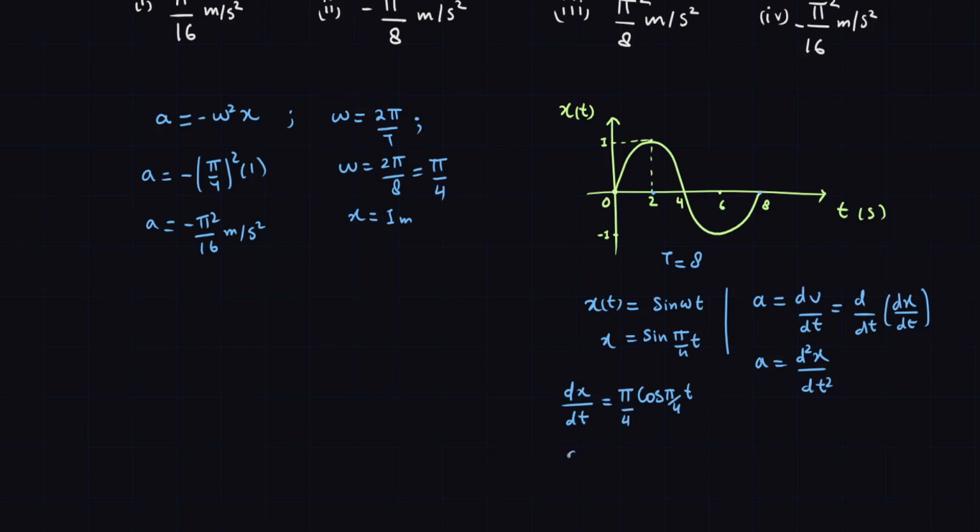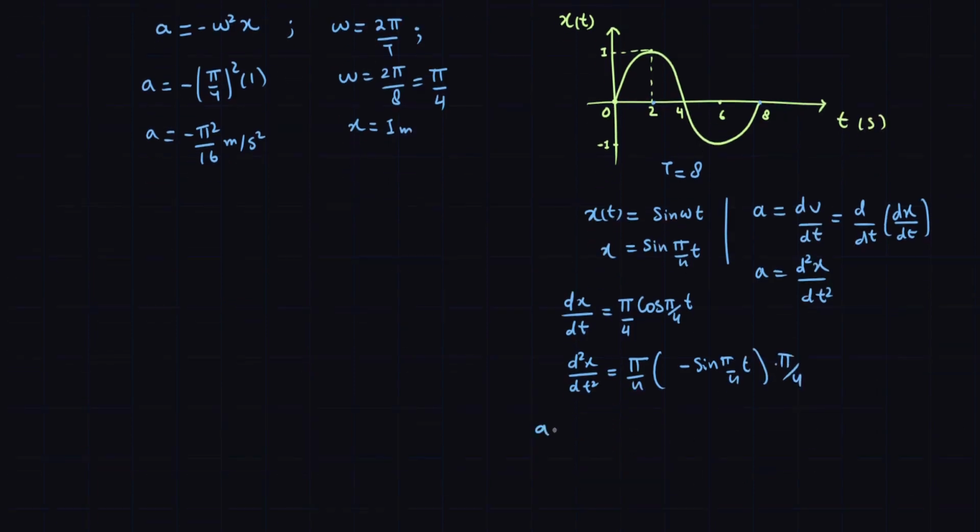Differentiating it again, d2x over dt square will have pi by 4 here, the differentiation of cos is minus sine pi by 4 t, and the differentiation of this internal angle will be again pi by 4. So we get acceleration equal to d2x over dt square equal to, multiplying all these terms, minus pi square over 4 times 4, which is 16, sine pi by 4 t.